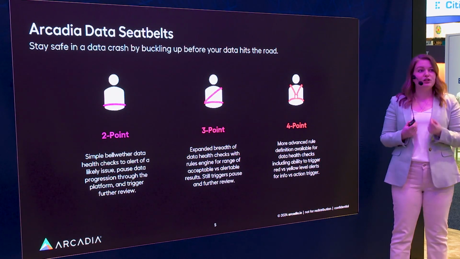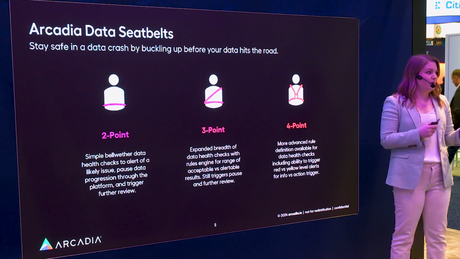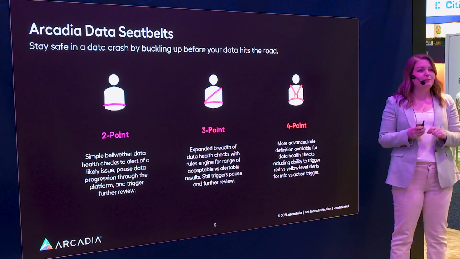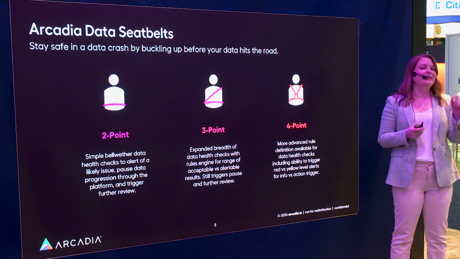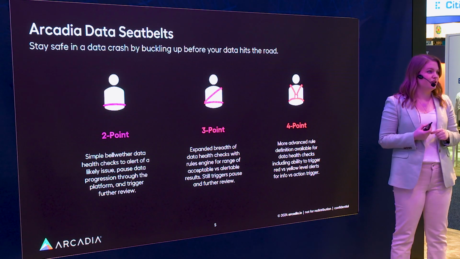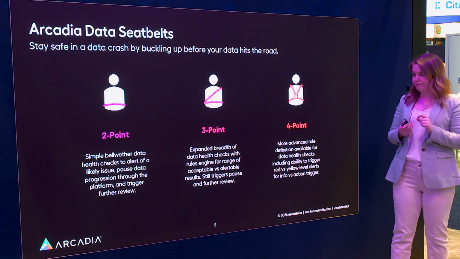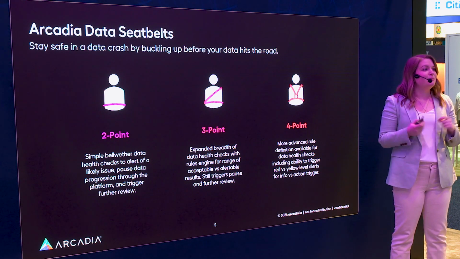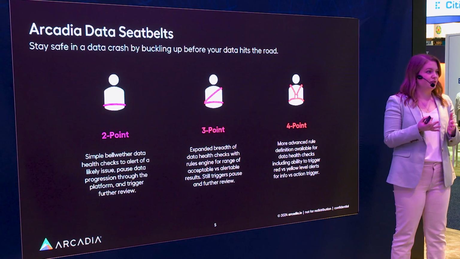But I think about a 2-point seatbelt and sort of an introduction being, let's define some bellwether checks for our data. What are a couple of things that we can measure where if something goes wrong in that measurement, it is likely indicative of a broader issue? So what are those key things to start checking and start measuring? Further advanced is to both expand your library and to start narrowing your tolerance for churn.